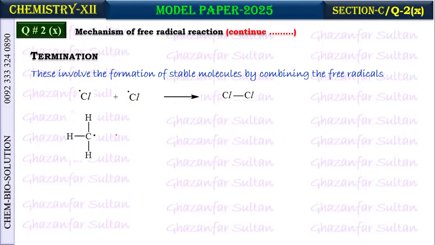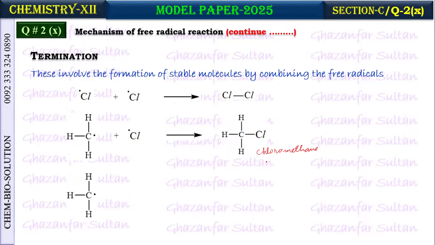Another chance is that the methyl free radical may combine with the chlorine free radical to produce methyl chloride. So methyl chloride, or chloromethane, is obtained. Chloromethane is the IUPAC name, while methyl chloride is the common name.